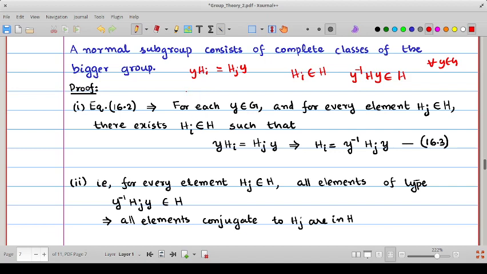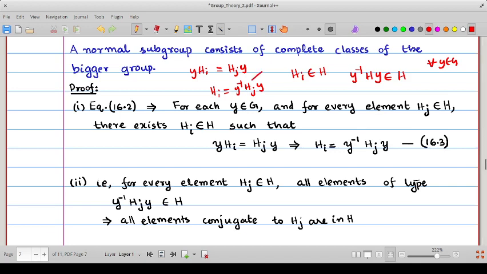So when I do that, I have Y inverse YHi is equal to Y inverse HjY. Now, Y inverse Y is the identity. So identity times Hi is equal to Hi itself. So that means Hi is equal to Y inverse HjY.